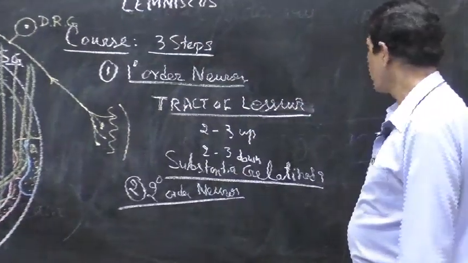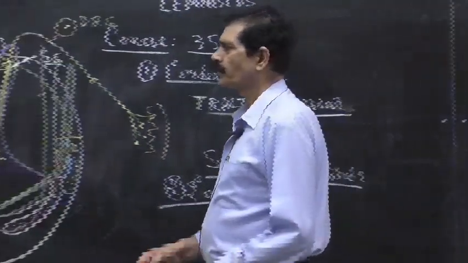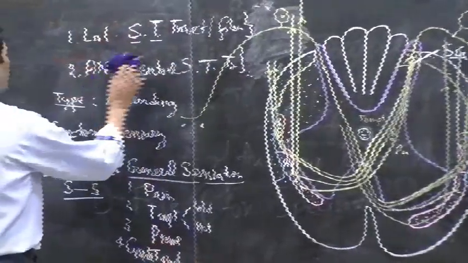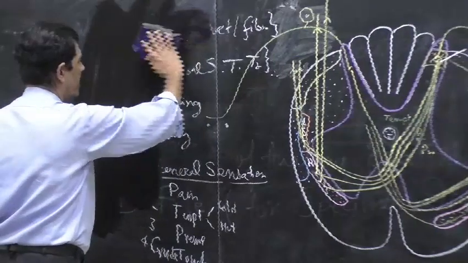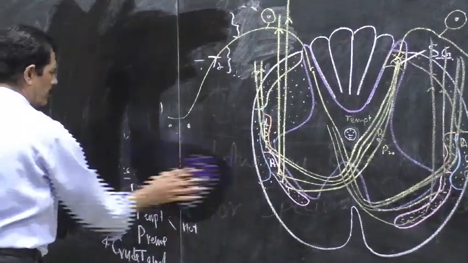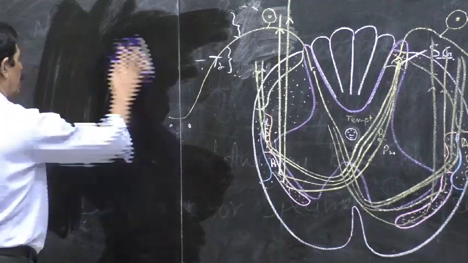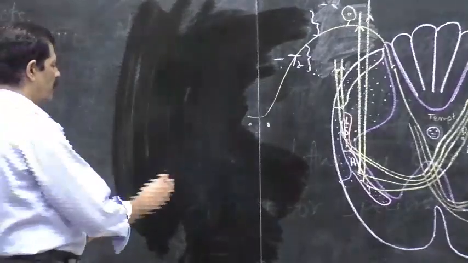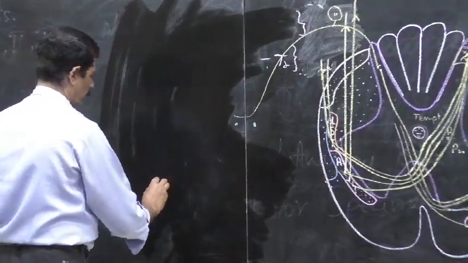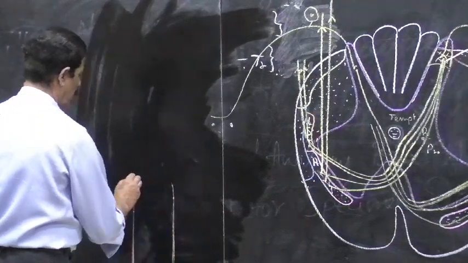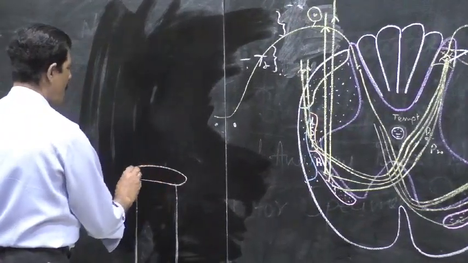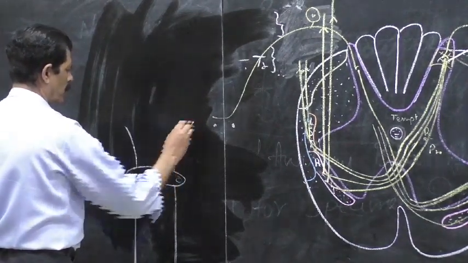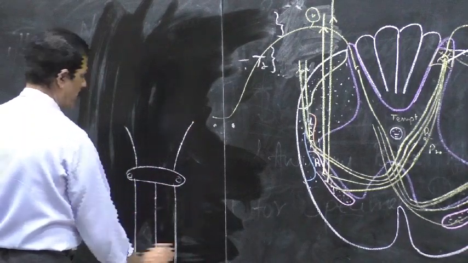Now these fibers from the spinal cord have to reach their destination, so they further ascend upward. From the spinal cord, now they reach the brain. And which part of the brain comes first of all? The medulla oblongata.